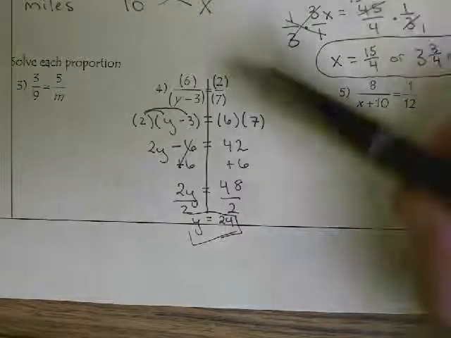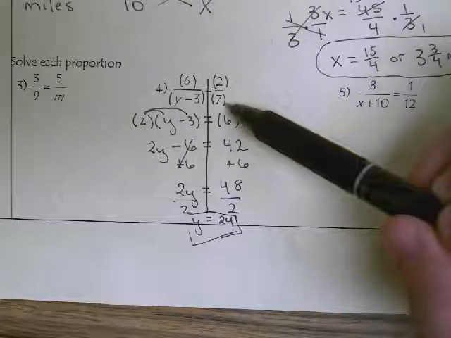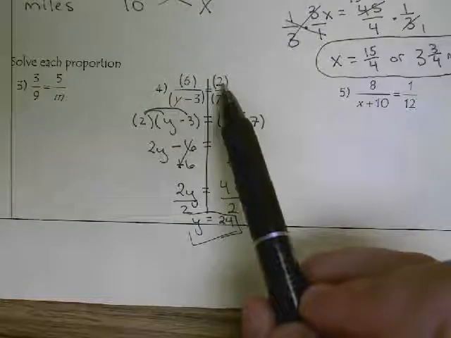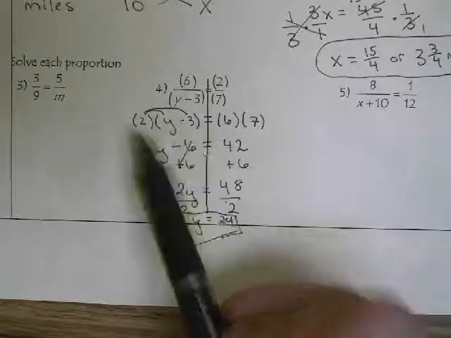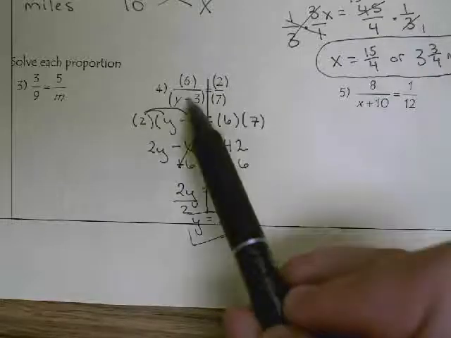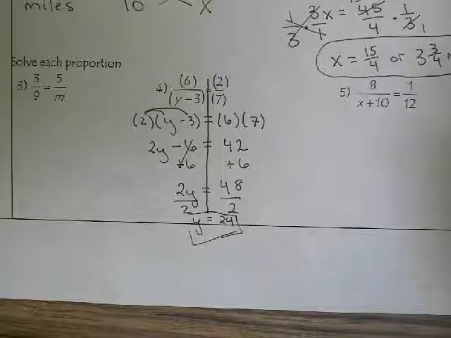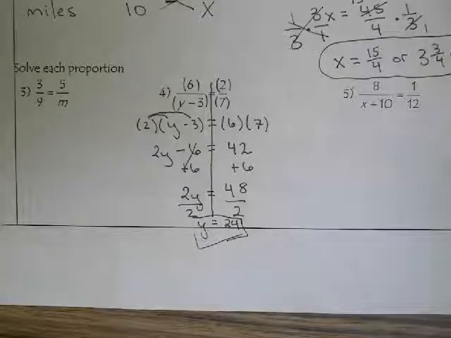So I can't stress enough that if you add these parentheses in, it'll definitely decrease your chance of making that mistake where we don't distribute, because we need to distribute when we multiply these two parts together. So go ahead and try number 3 and 5. And pause right here.